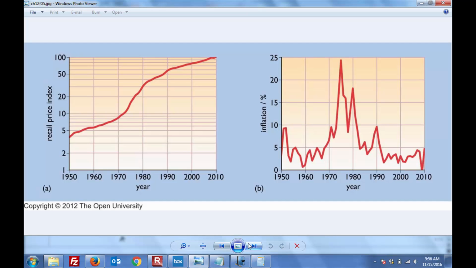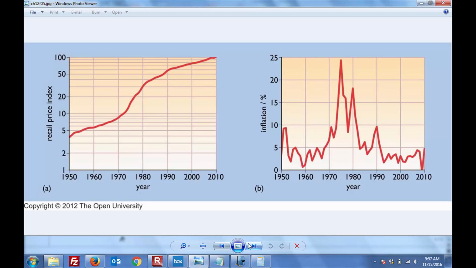Hypothetical basket we just saw of goods at a point in time. It says the UK has recently changed to a consumer price index that specifically excludes any interest payments such as on mortgages, but that doesn't really affect the process described here. So I'll keep reading. Indices such as these are usually expressed as being equal to 100 in a specific base year. So here we are on figure 12.5.